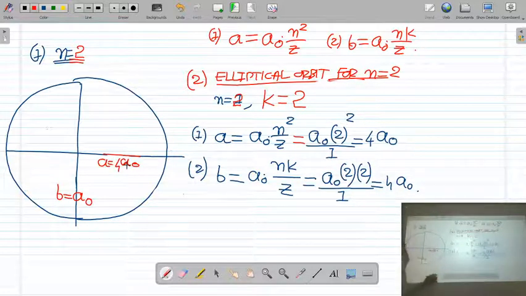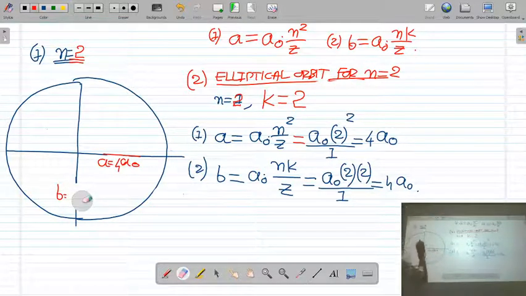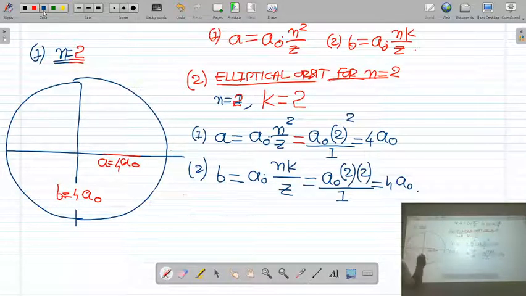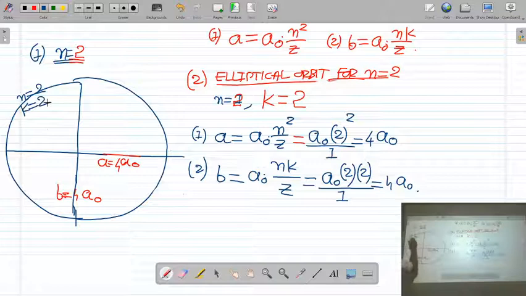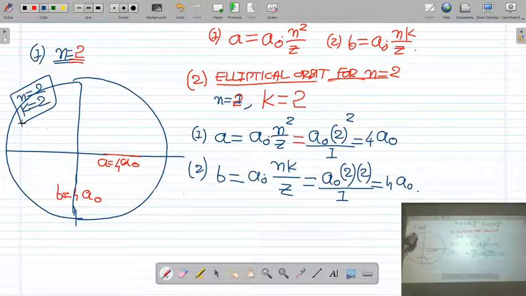The semi-major axis is 4a0, and similarly the semi-minor axis is also 4a0. So this is the circular orbit for n equal to 2 and k equal to 2. We get a circular orbit of radius 4a0.